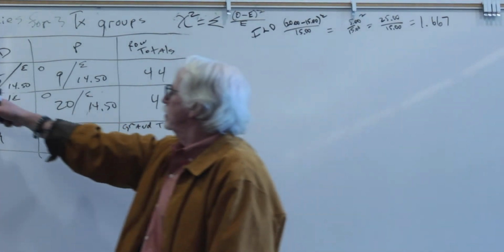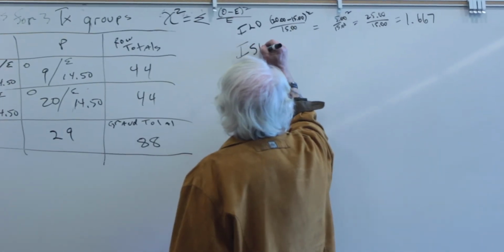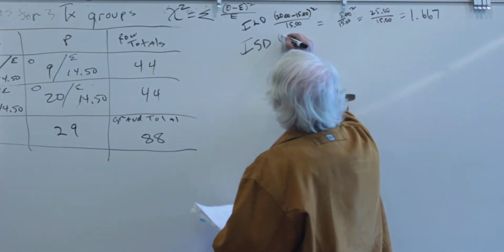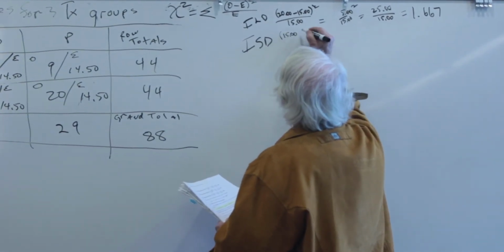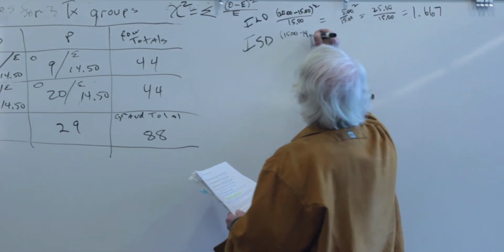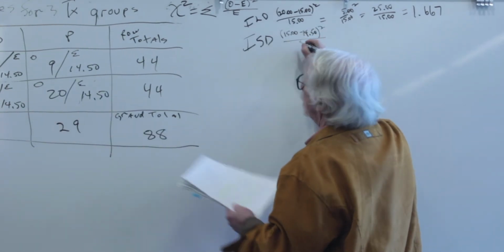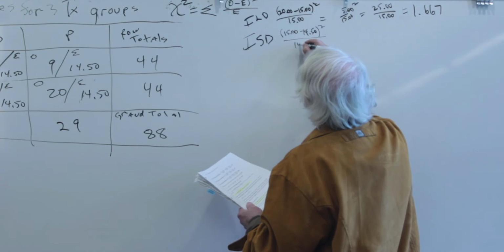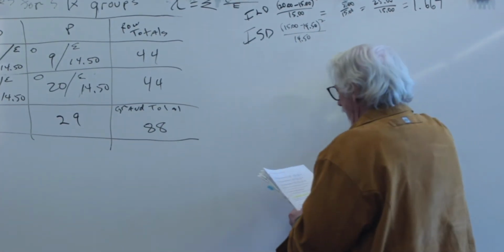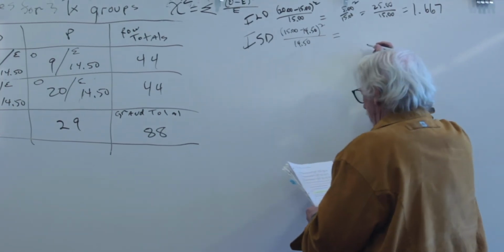Now, I need to do my improved small dose. Same thing. So now I have my observed value minus my expected value, 14.50, squared over my expected value of 14.50. Nothing to it.